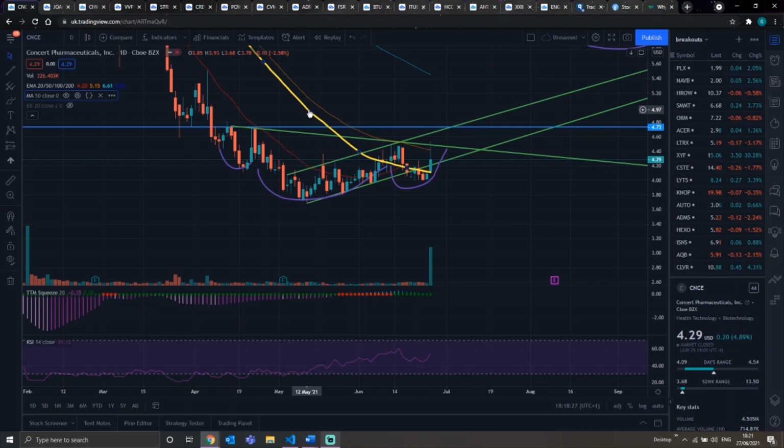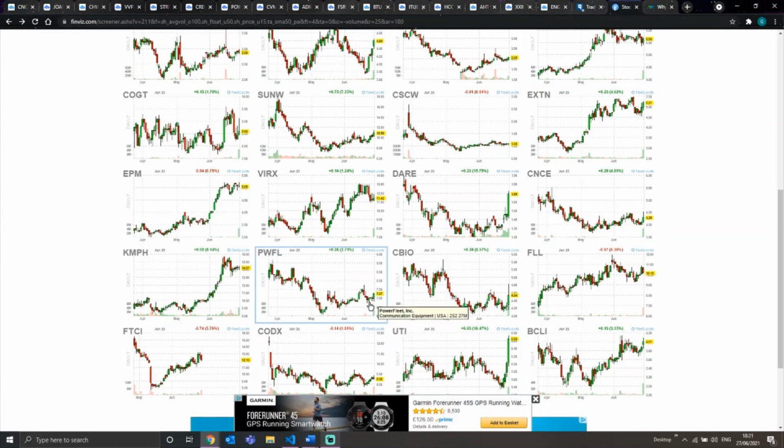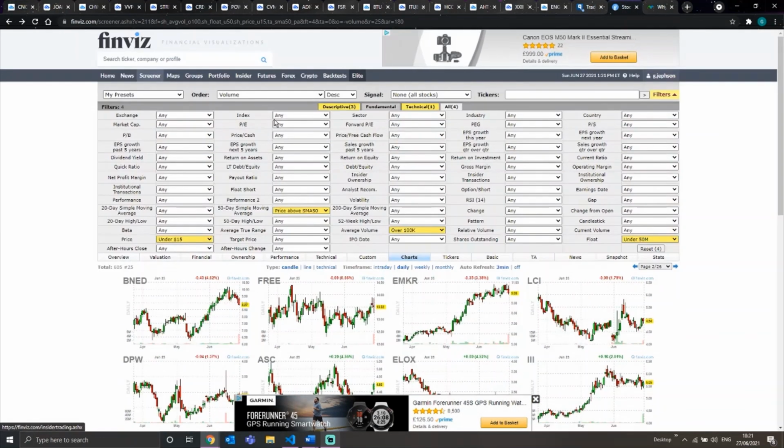So I put it in the charts just to make sure people see it. And obviously you'll see from the scanner itself that it is the one thing that's filtering a lot of the stocks, in that I want my price above it. More often than not, I'll take that out because I can tell where it is, and I can work out where the 50 is from the chart itself.